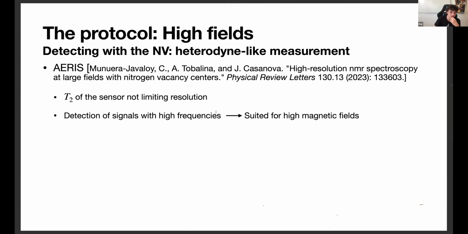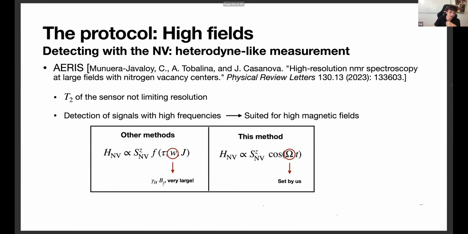As I've said, this is a measurement thought to work at high magnetic fields. The basic idea is, before this work came out, the following. I have the Hamiltonian of my NV ensemble, and it depends on the signal of the sample, which in those cases oscillated with a very, very large frequency. So it was impossible to detect with the NVs.